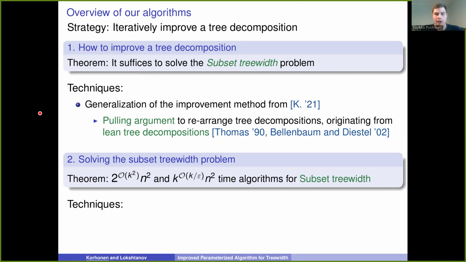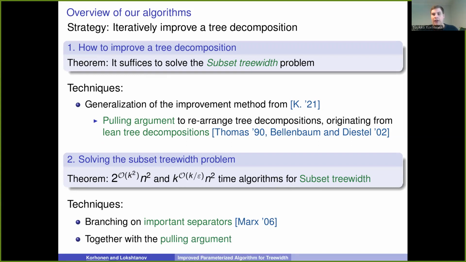And here, the main engine is basically branching on important separators. These are separators of size k that are in some sense maximally pushed towards some vertex set in a graph, and we branch on these. This machinery was introduced by Marx in 2006. So we make a lot of use of this.